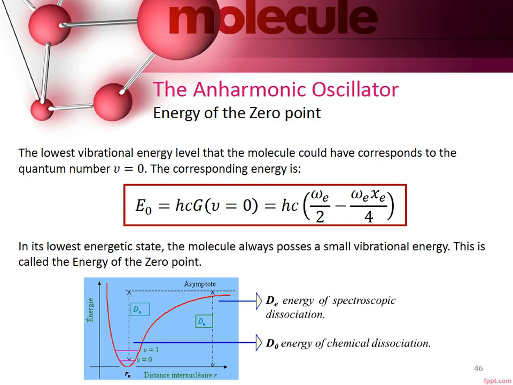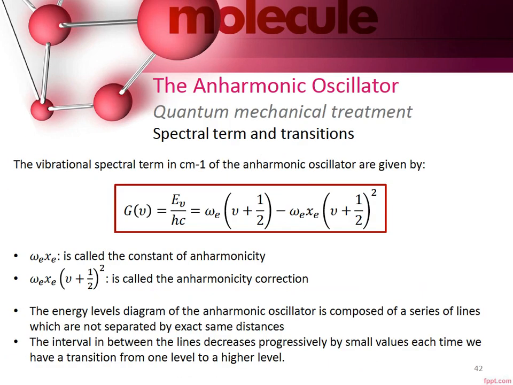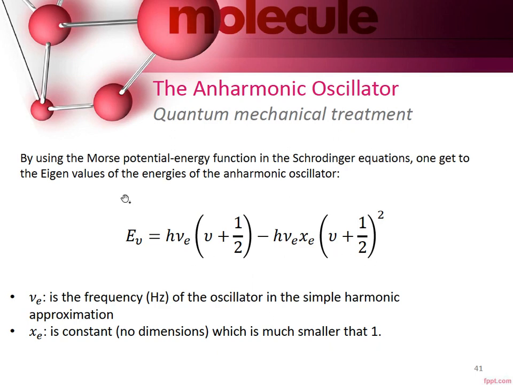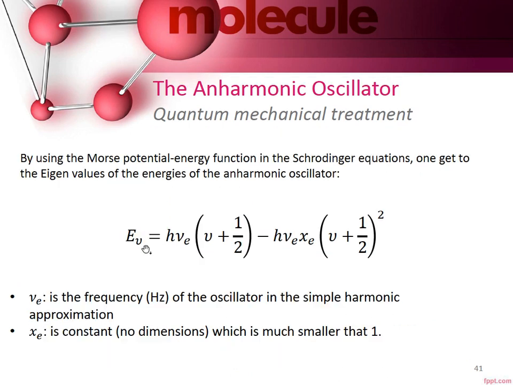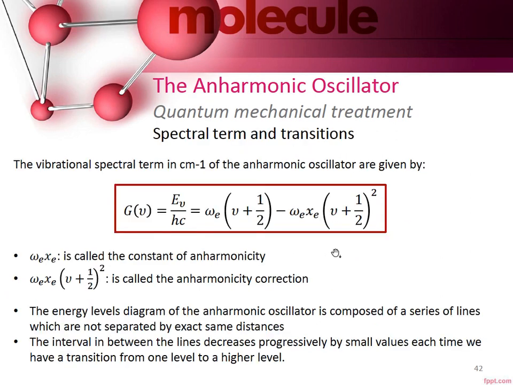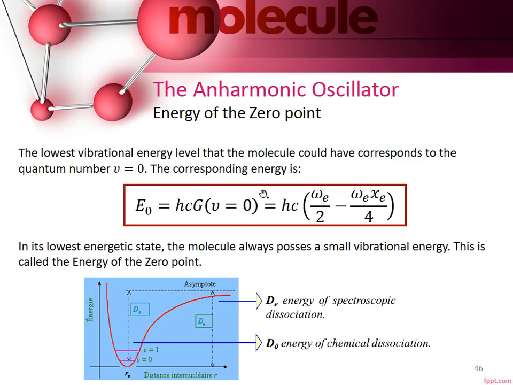Now, if you look into the energy, if we go back here, E_V, and we divided by hc to get the spectral term G_V. Now, if I want to go back to the energy, what is the energy of the lowest level? Well, you put V equals 0. If you put V equals 0, look, it's going to be hc omega e over 2 minus omega e x e over 4.